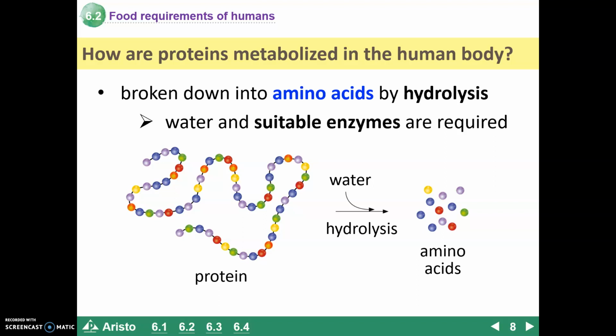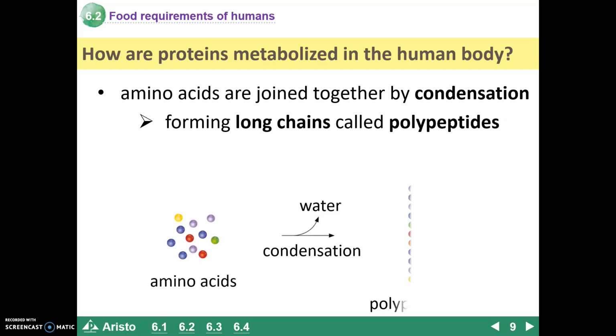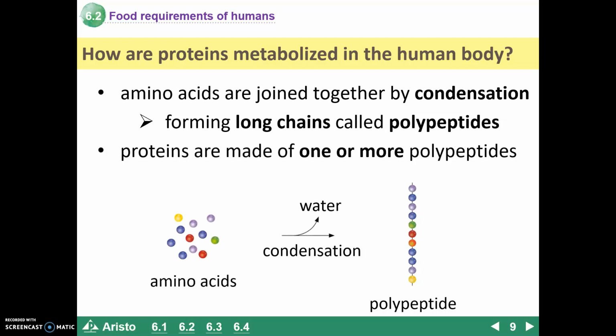It is done in several steps, with different enzymes, in the presence of water by hydrolysis. Amino acids join together by a condensation reaction, removing one water molecule. After we produce a polypeptide from amino acids, the polypeptide has to be folded into a 3D structure before it becomes a functional protein.